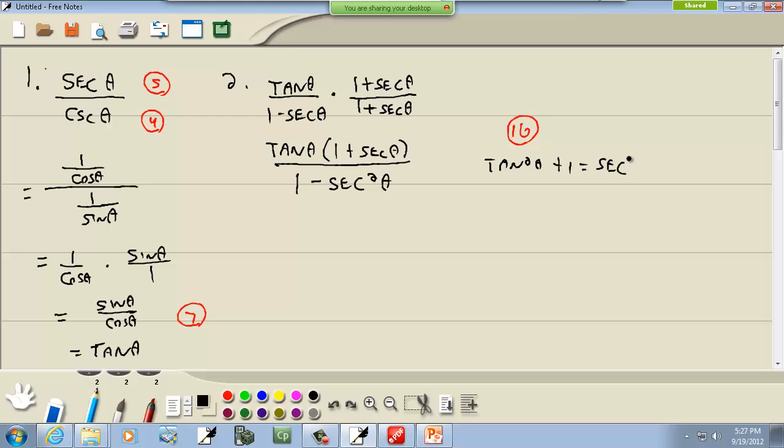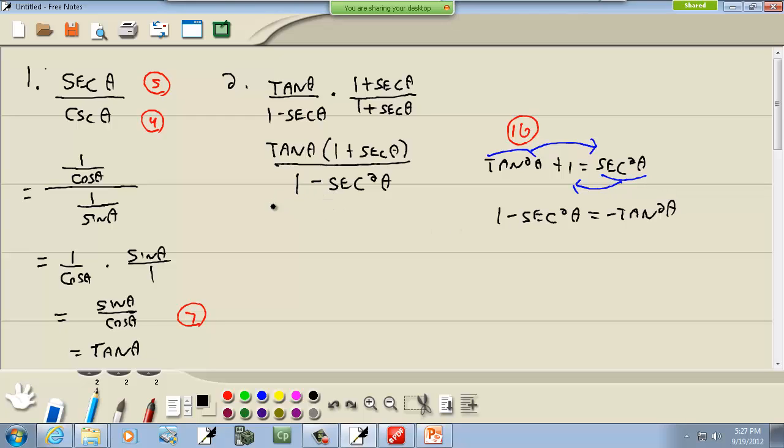equals secant squared. Well, to get it to look like this, I need to take the secant squared over the left side and tangent squared over to the right side. So we'll take this secant squared over here and tangent squared over here. Anytime you take anything across your equals, the sign changes. So this becomes 1 minus secant squared theta is equal to negative tangent squared theta.